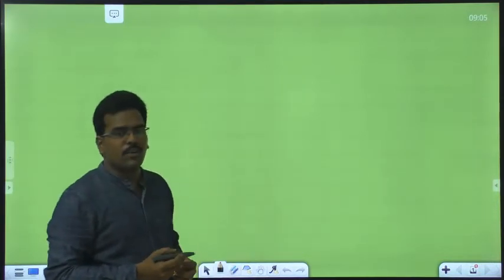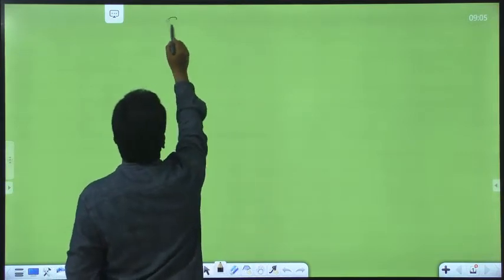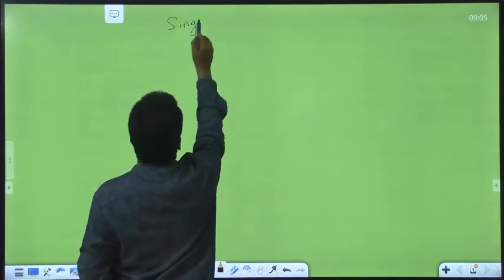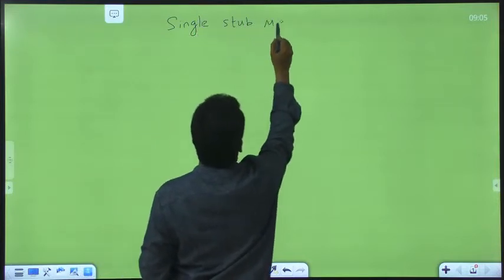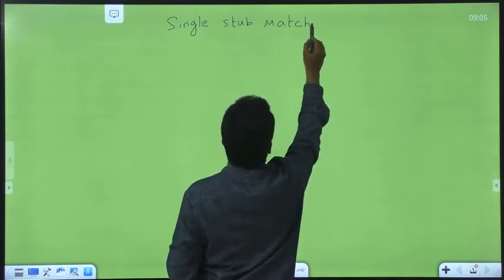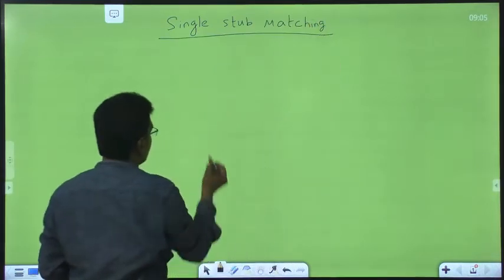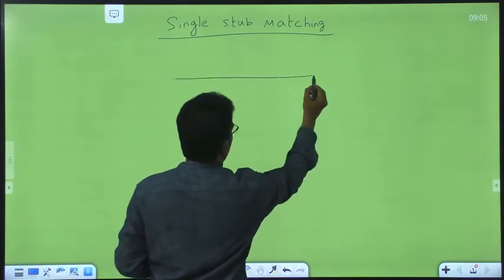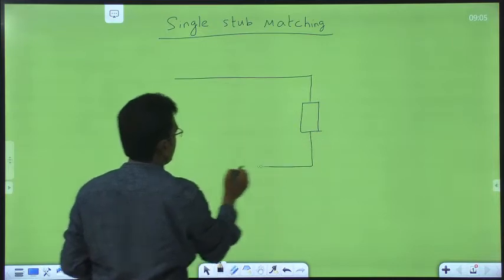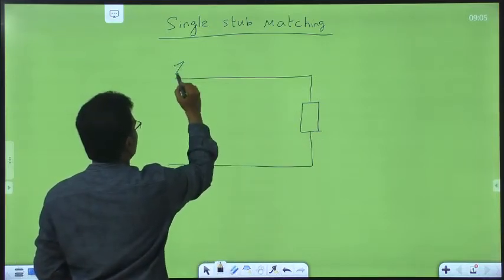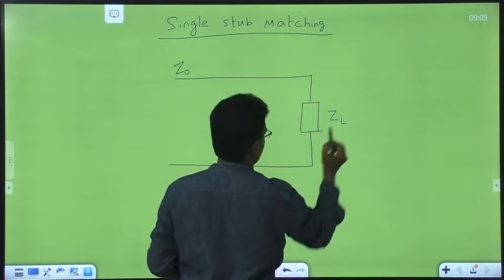Okay, now we'll discuss the operation of the single stub matching technique. Now take a main transmission line. It has characteristic impedance Z0, and this is the load impedance ZL.